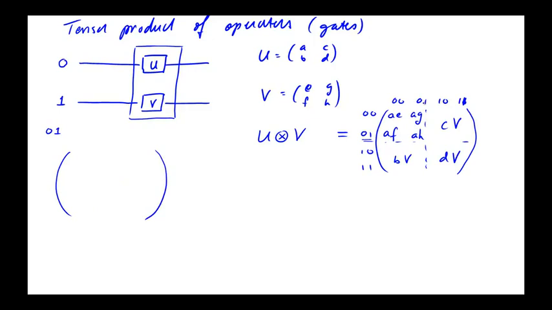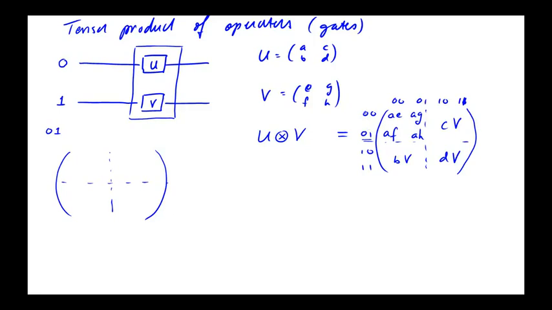Since it applies only to the first qubit and leaves the second one unchanged, what are we doing when we leave the second one unchanged?